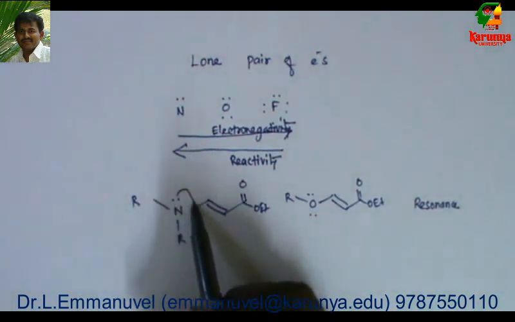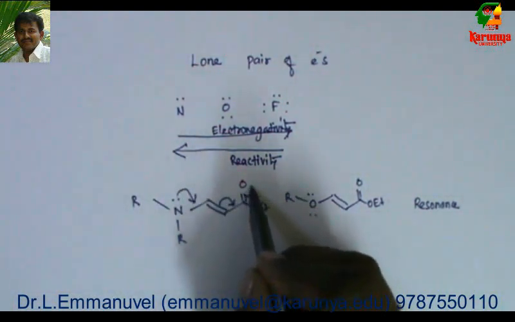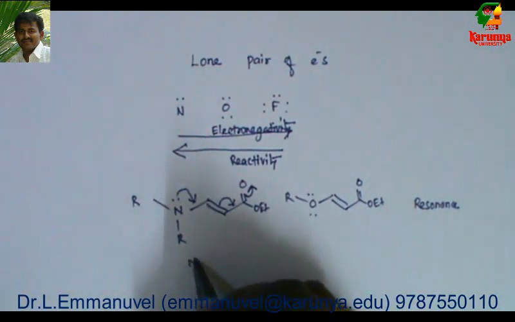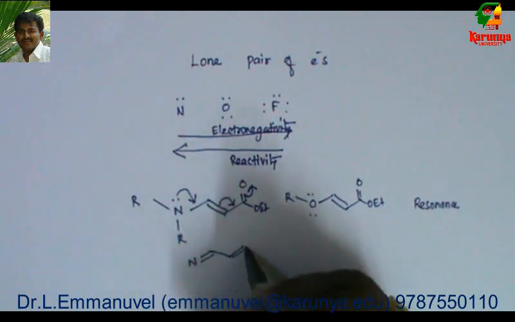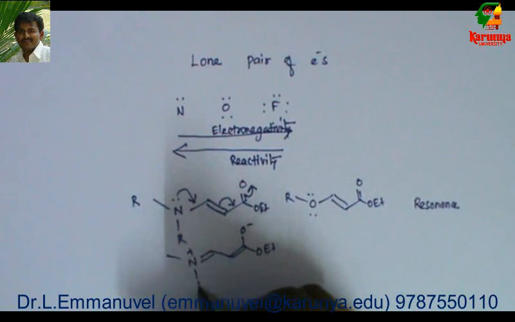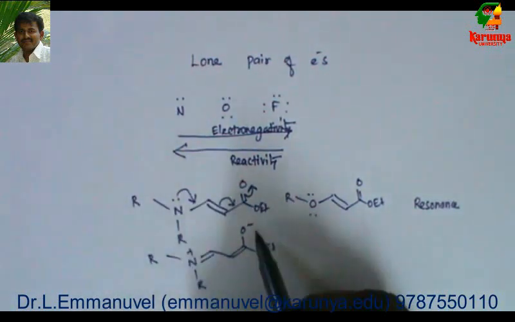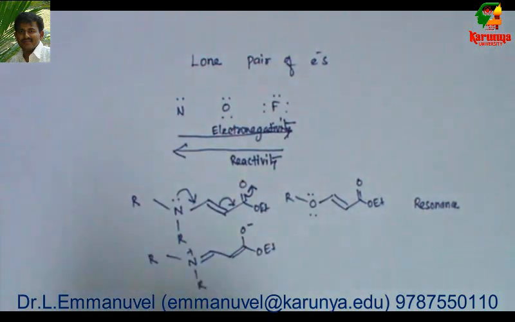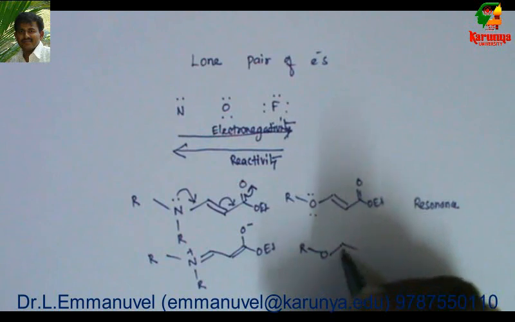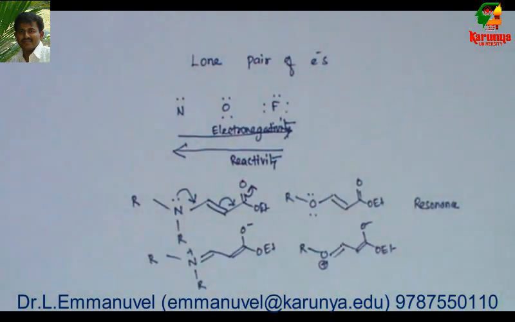Now this lone pair of electrons can involve in resonance and it can go like this. As a result, what we get is, so you can see here I have got positive charge and minus charge on this. Similarly, like this.